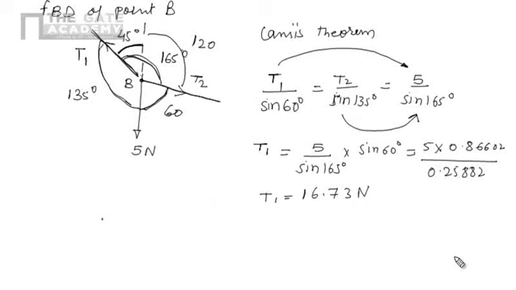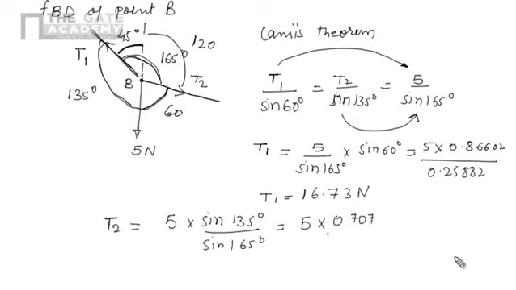Similarly, by taking the other equation, T2 equals 5 into sine 135 degree divided by sine 165 degree. So 5 sine 135 degree is 0.707 divided by 0.2588. This one will come 13.66. So in this way we can find out the values of T1 and T2.